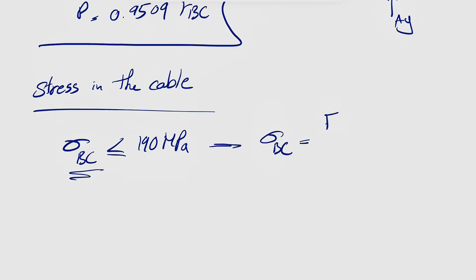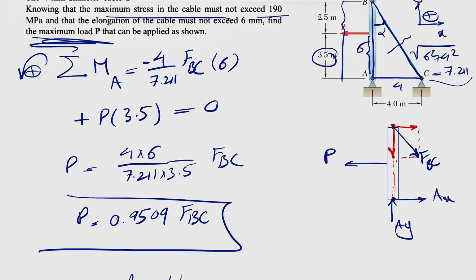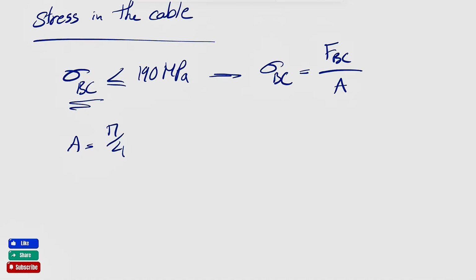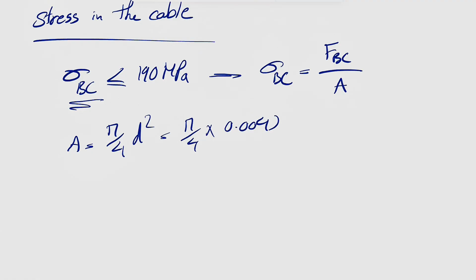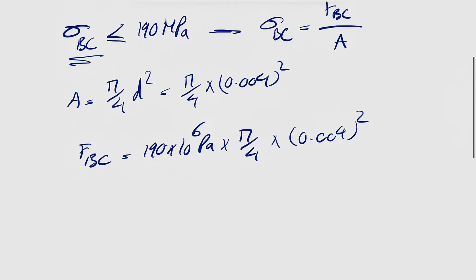So this will be, we know it's the force over the area. The area is the area of the cable, or the cross section in the cable. So if you just do a cross section in here, we're going to have a diameter of 4 millimeters, so the area would be pi divided by 4 d squared, so pi divided by 4 times 4 millimeter, divided by 1000 to get it in meter. So FBC in here would be basically A times the sigma, so 190 times 10 to the 6 Pascal times the area, pi over 4 times 0.004 squared.